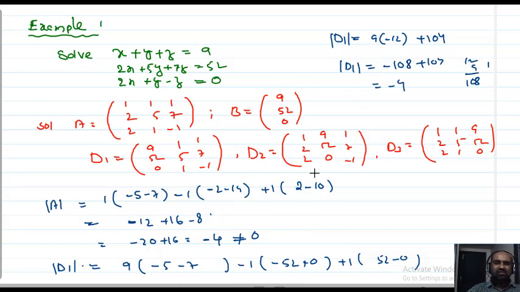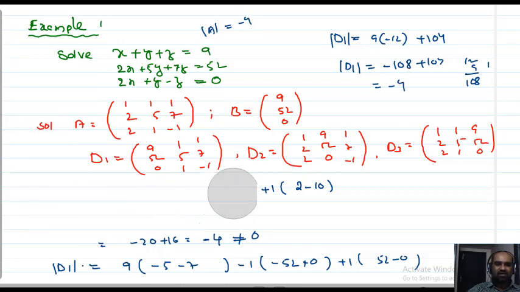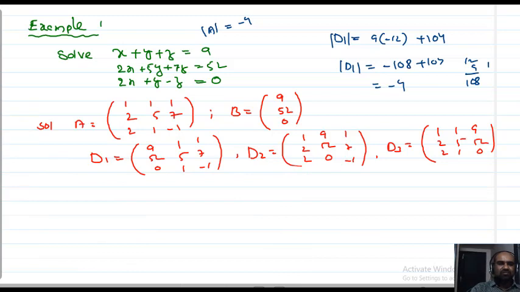I want to write all here only, that's why I want to erase these things. I will write here det A, not read as mod A, that is wrong. Det A equal to minus 4. Determinant of second one, D2, I want. Again I want the first column: 1 times of something, minus 9 times of something, plus 1 times of something. So 1 time what? Minus 52 minus 0. 9 times of minus 2 minus 14.